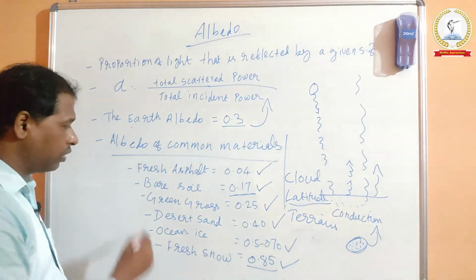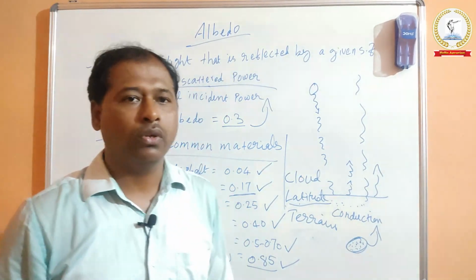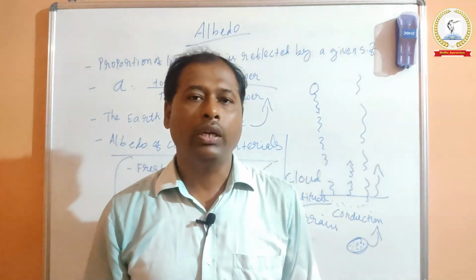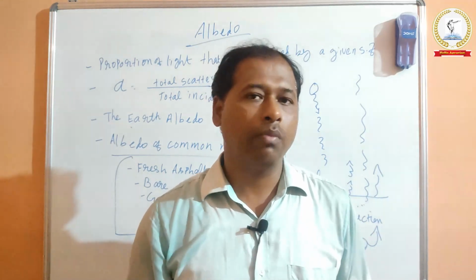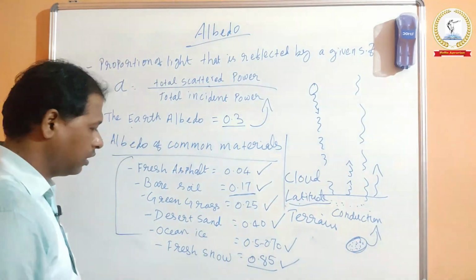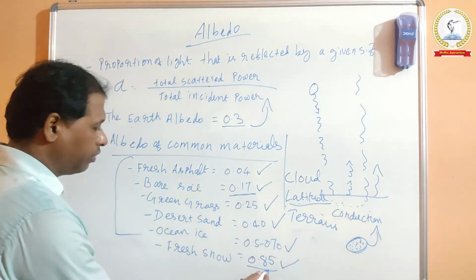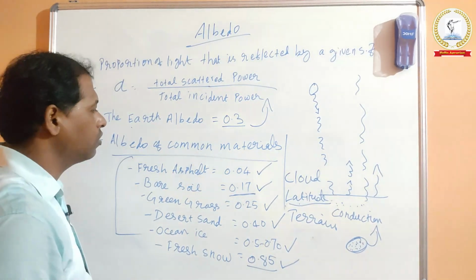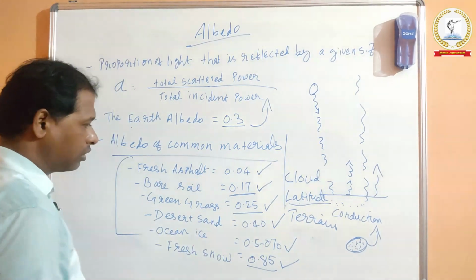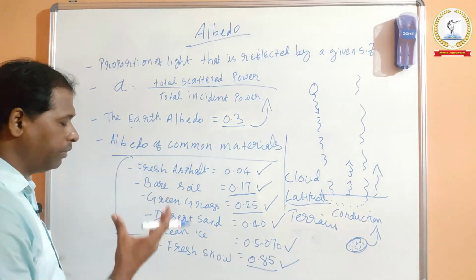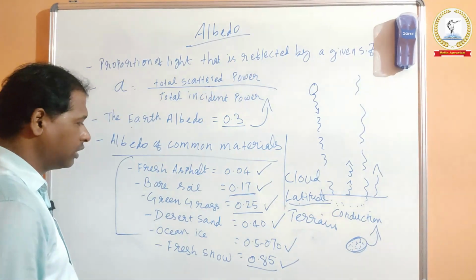Whereas fresh snow has 0.85, the highest among them, because fresh snow is white in color and reflects more as compared to absorption. Due to the greater reflection, the albedo is higher for fresh snow. Green grass again has a low value, which means it absorbs more radiation.